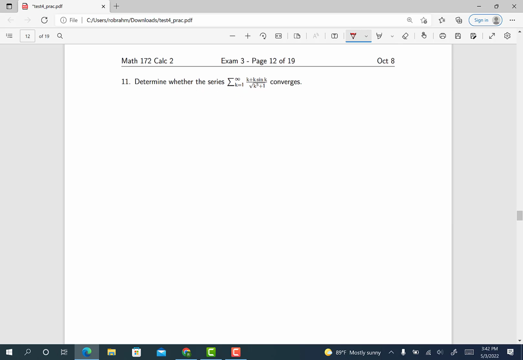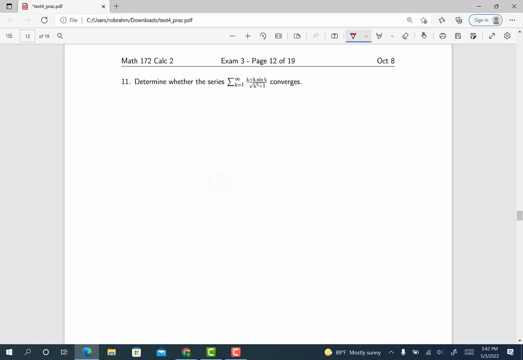Okay, so I'm going to look at this, and I'm first going to observe that for big values of k, I have roughly k on the top, and in the bottom, for big values of k, I have basically the square root of k to the power of 5, in other words, k to the power of 5 halves.